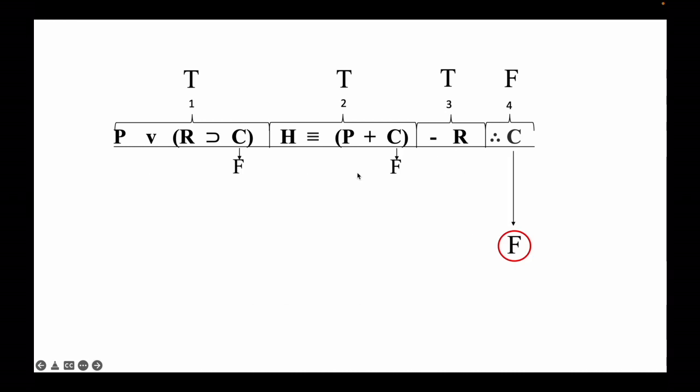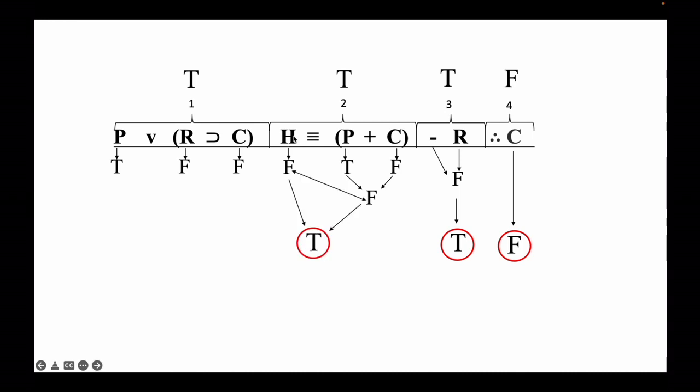So what happens if I say that P is true? Let's see if anything changes. If P is true, then the conjunction in the second premise is still false, because remember that two different truth values in a conjunction render the statement false.